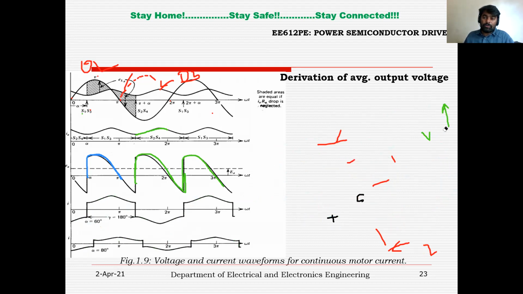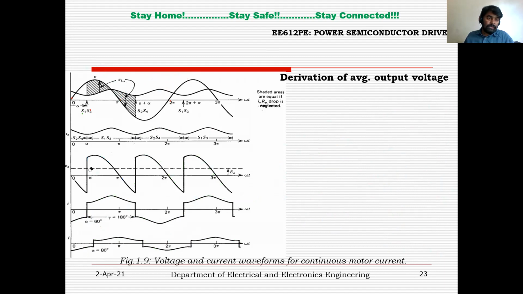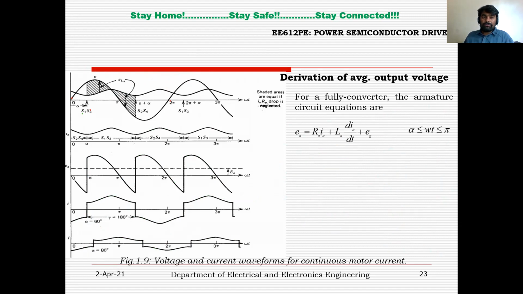Now, if you know the output voltage waveform, then you can derive the average output voltage for a given load, for a given converter, right? Now, this is a fully controlled converter. Now I can say this is alpha and this is pi plus alpha. So from alpha to pi plus alpha, we are having some voltage across the load, right? You can see Ea, alpha to pi plus alpha.